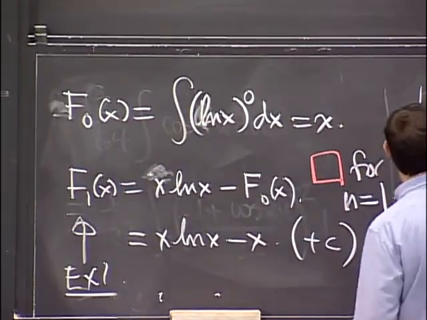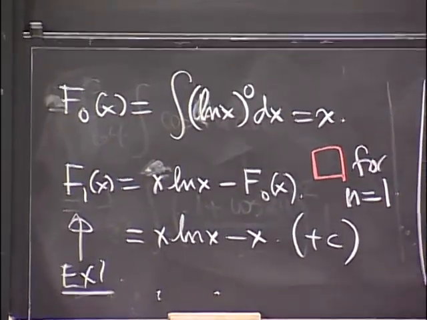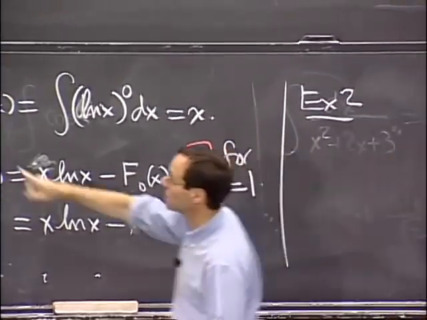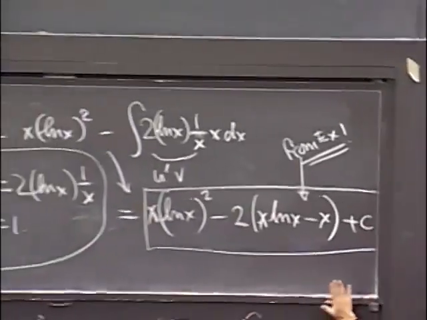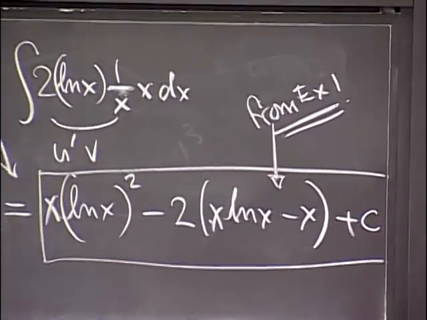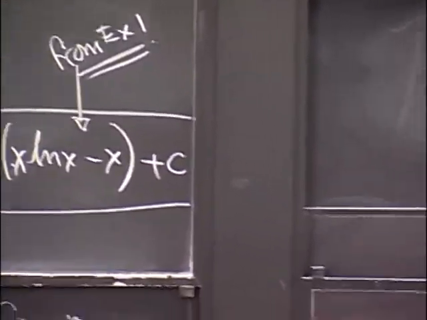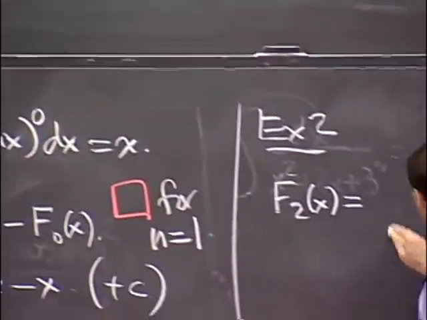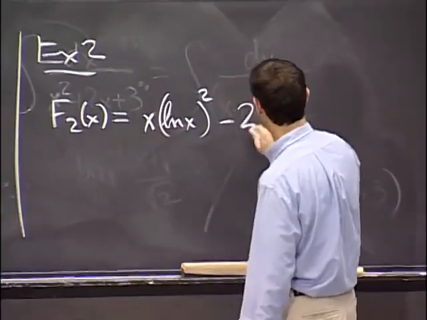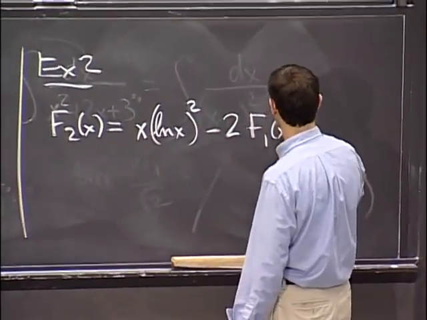The next step, so that was example 1. And now example 2 works more or less the same way. I'm just summarizing what I did on that blackboard right up here, the same thing, but in much more compact notation. If I take f2 of x, that's going to be equal to x log x squared minus twice f1 of x.